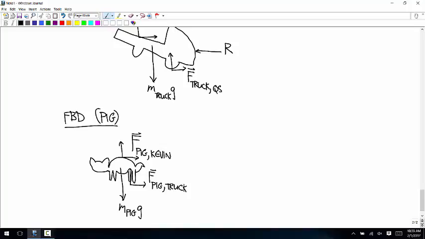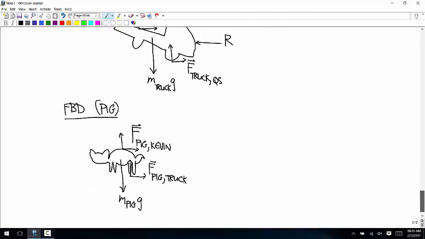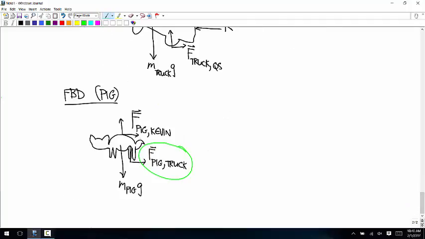And the key thing with these redone free body diagrams is this force. There's this one pair of forces, the force on the truck by the pig in the free body diagram of the truck, and the force on the pig by the truck in the free body diagram of the pig. Where those subscripts are the same, they're just flipped.